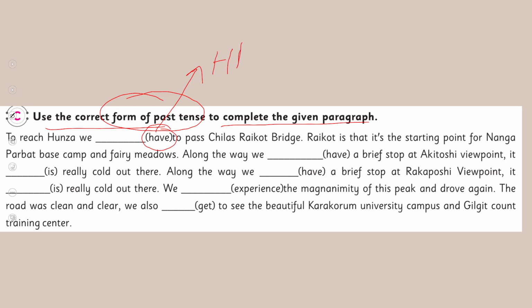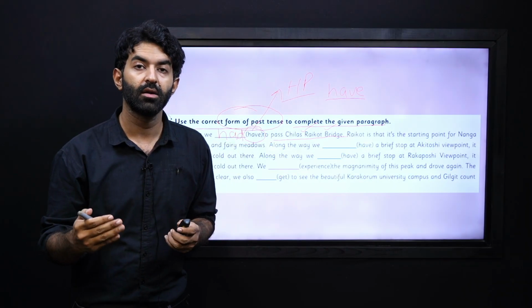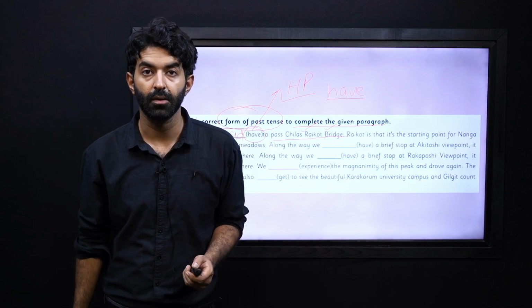This is a helping verb called have. Now, we will say, we had to pass the Chilas Rai Court Bridge. And now you can see that just by following the clues, I can easily do this activity.